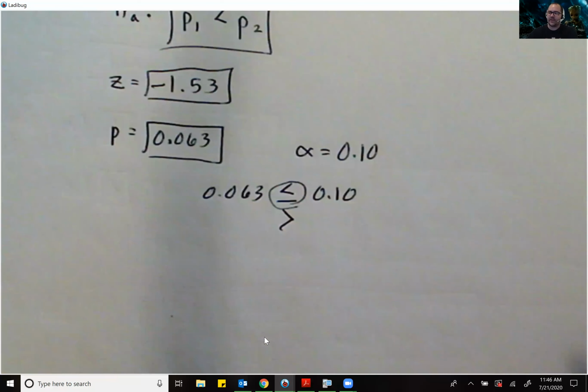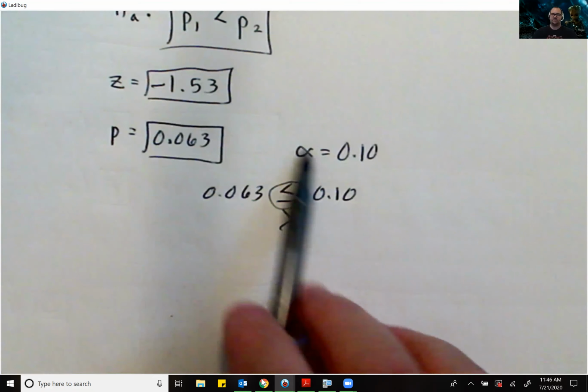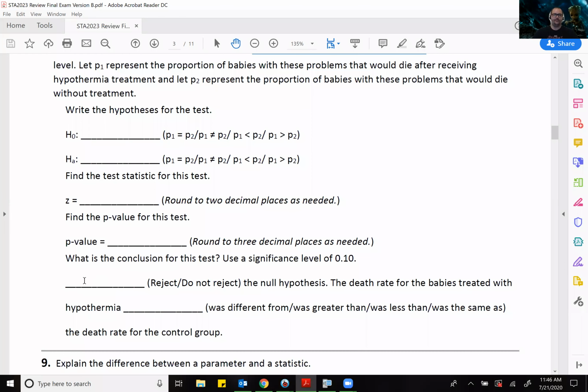And because we are less than the significance level, that means when we answer this question now, for the conclusion, we are going to reject the null hypothesis. Whenever you are less than or equal to the significance level, you reject the null hypothesis. Okay?